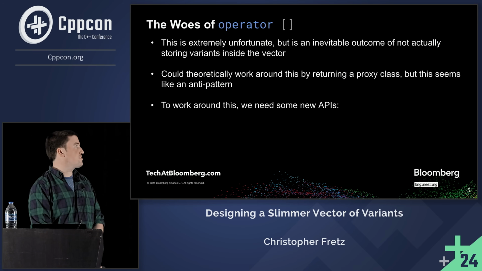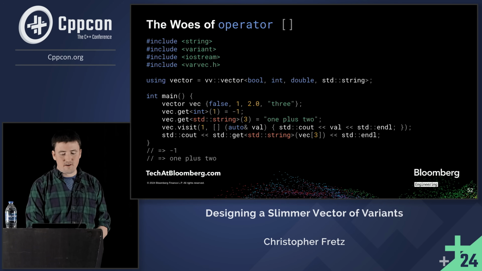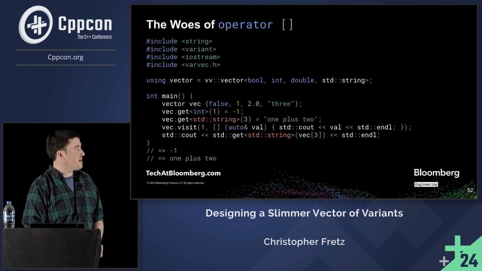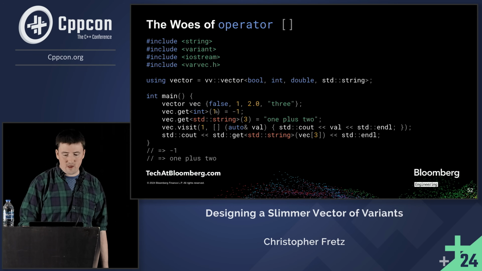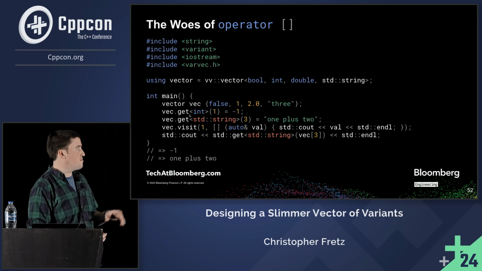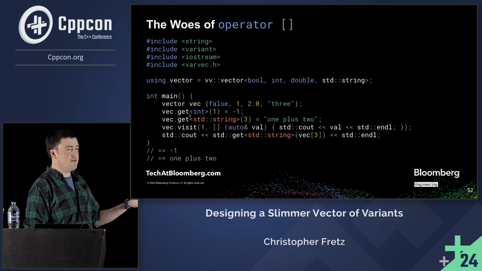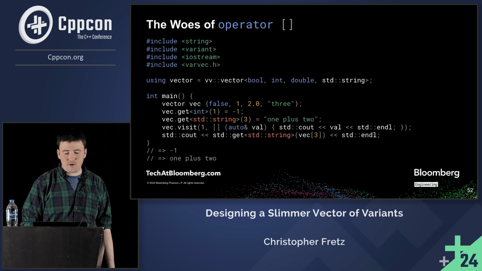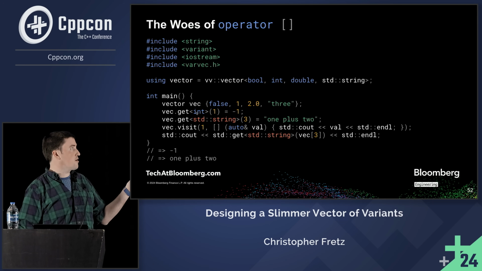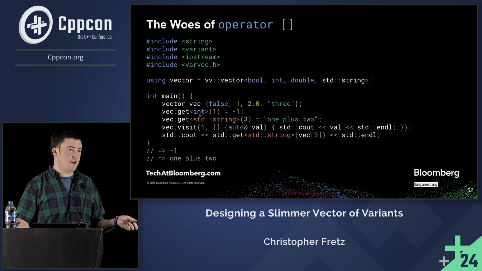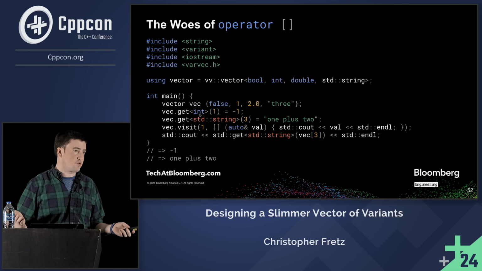So to work around this at the current moment, we need some new APIs. The approach that I've taken here to start with for now is that I just have .get and .visit and stuff like that implemented as member functions. If you call .get, you can give it a concrete type, and then this actually will return an lvalue reference to int because I actually am storing one of those.